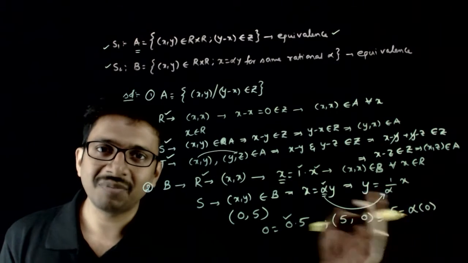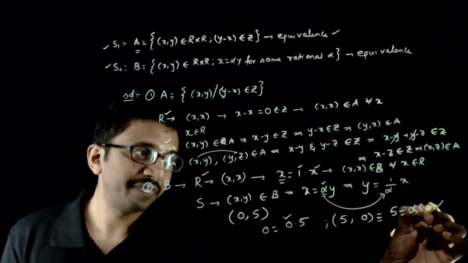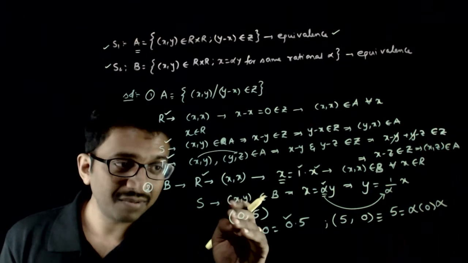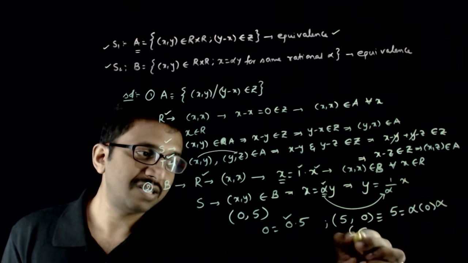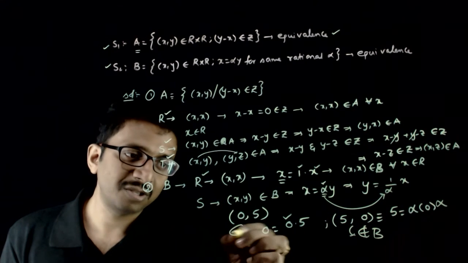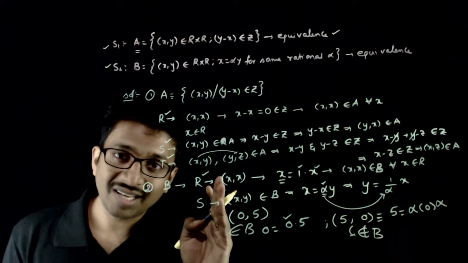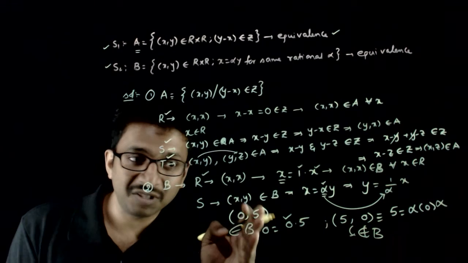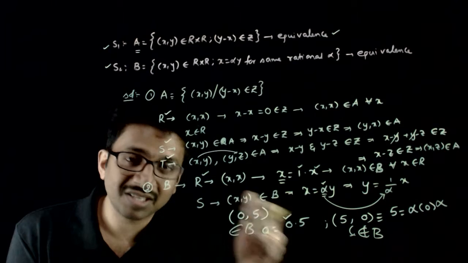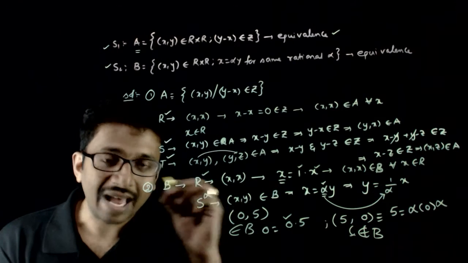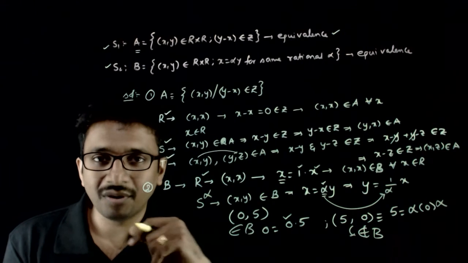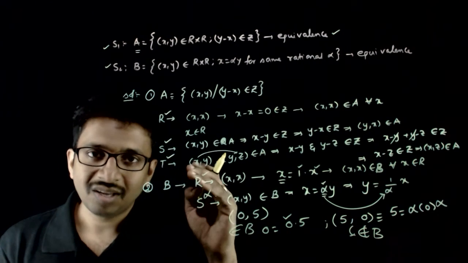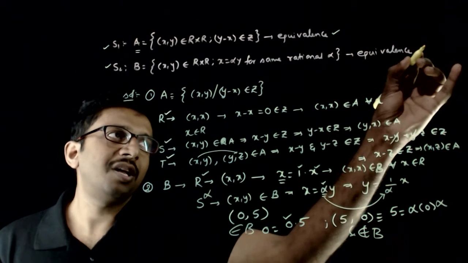No. That means (0, 5) belongs to B, but (5, 0) does not belong to B. So there is an element of the form (x, y) which belongs to B, but (y, x) does not belong to B. Hence we have a counterexample. So symmetry is not valid. You don't need to go for transitivity. Since symmetry is not valid, this is not an equivalence relation.